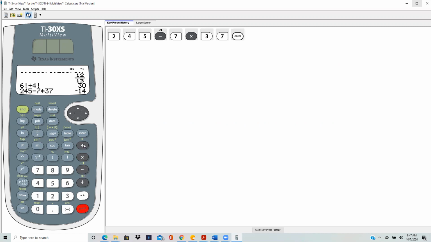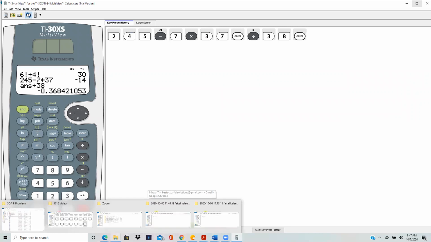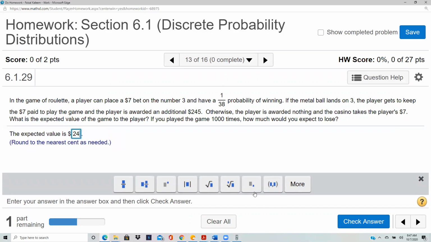Negative 14, and divided by 38. So negative 0.368. So probably we'll be rounding to the nearest cent, so it'll be negative 0.37.